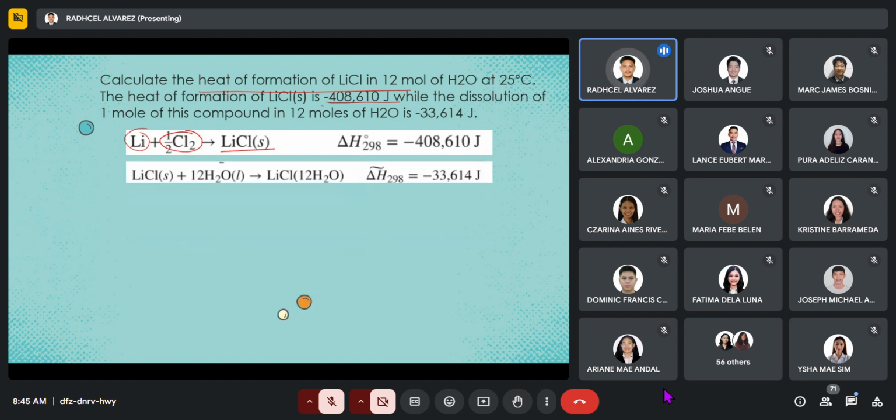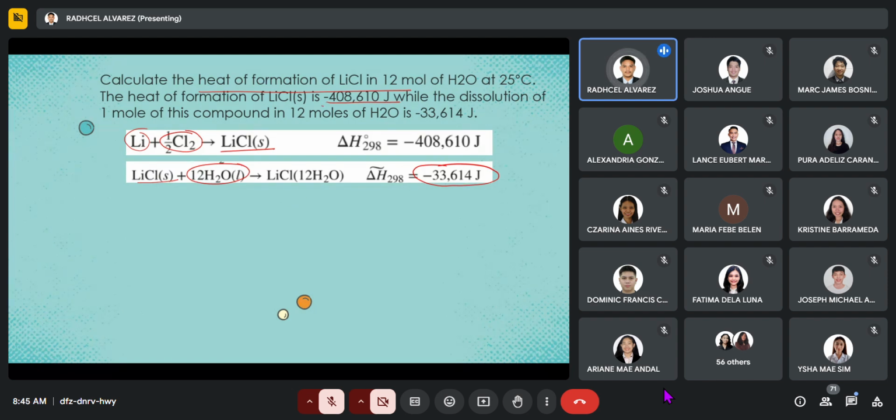Next, dun tayo sa dissolution. Ibig sabihin, meron tayong lithium chloride madidissolve sa ating given na water so that we can produce the lithium chloride tapos yung kanyang hydrate na 12H2O. Ang kanyang given ay negative 33,614 joules.